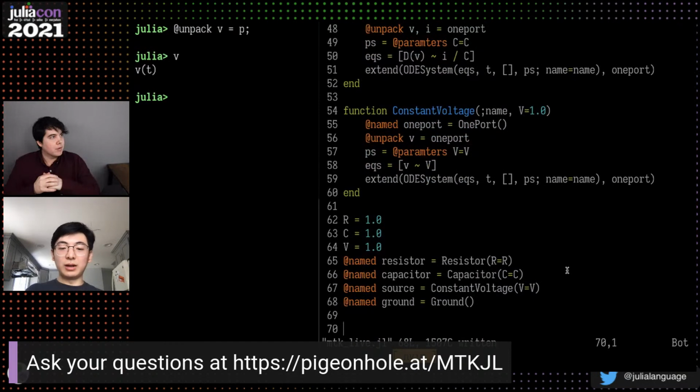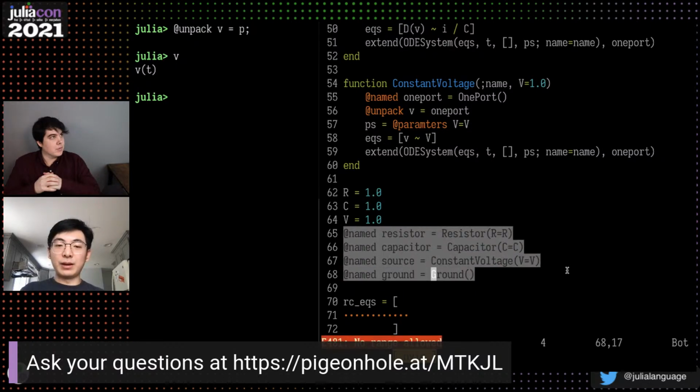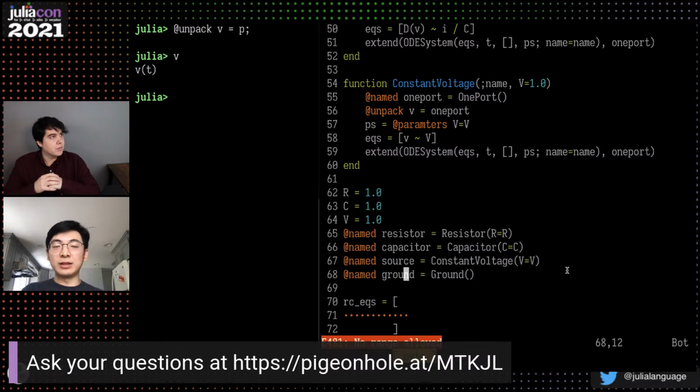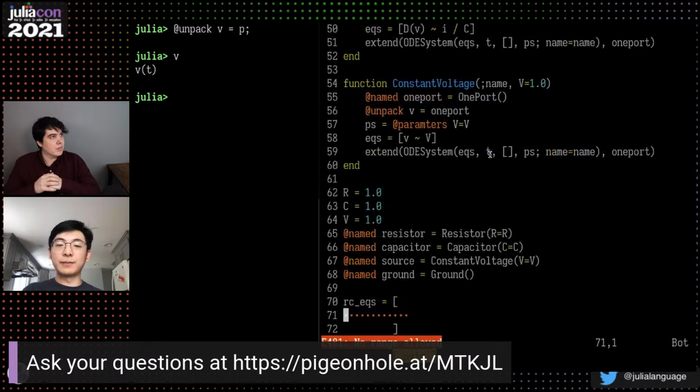So now let's actually build the RC circuit. Now we want to write the actual RC equations. Because we have already instantiated all the components, we now just need to use the connect function to connect them together.